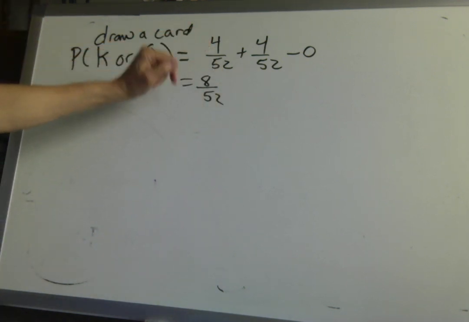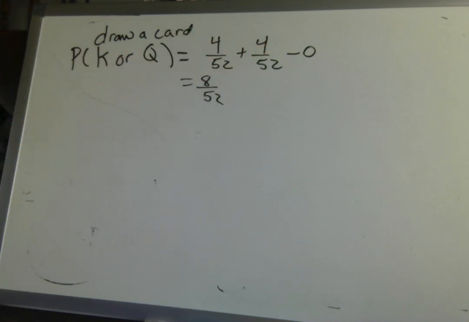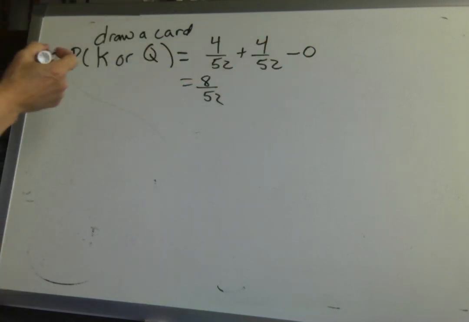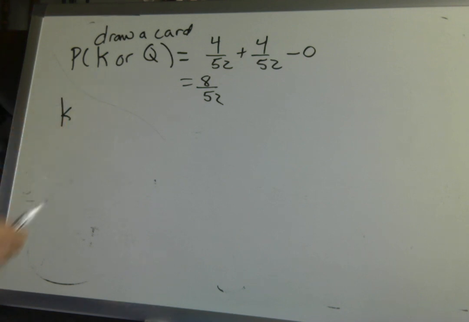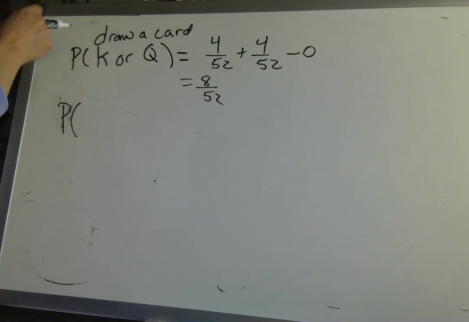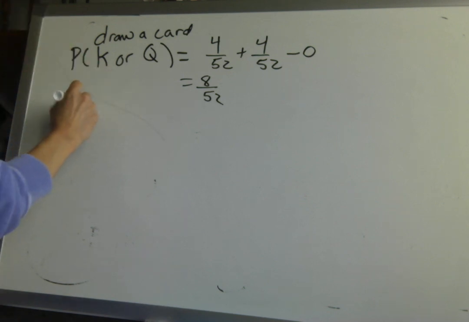There are 4 kings in the deck. There are 4 queens in the deck, which makes a total of 8 distinct cards because you cannot be a king and queen at the same time. You can put that in your calculator if you want the decimal. But what about this? We're picking 1 card from a deck of cards.